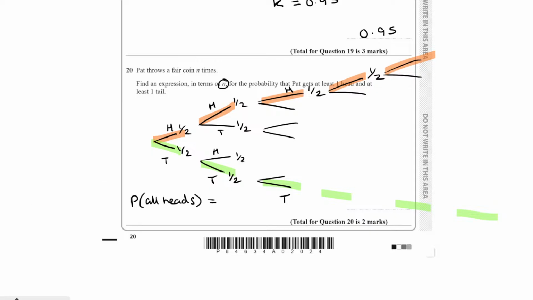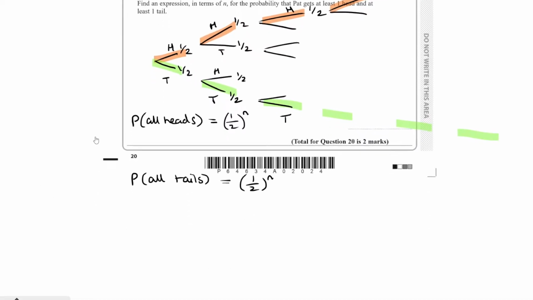It's n times. So the way that you can write that is (1/2) to the power of n, because you're multiplying it by itself n times. The exact same for all tails, because it's the same amount. So half times a half times a half, n times. And then it's just 1 minus that.